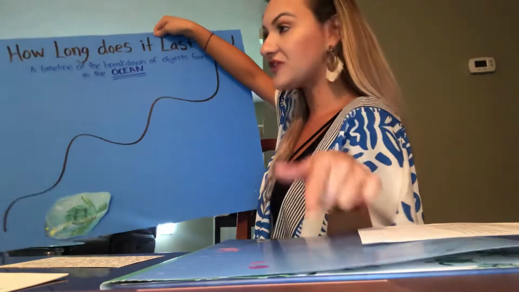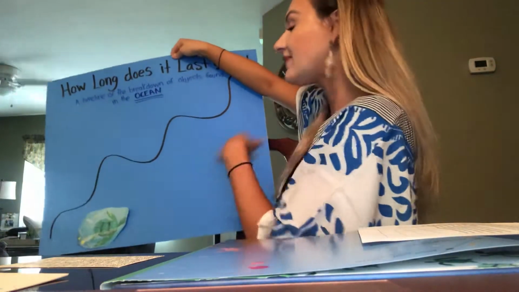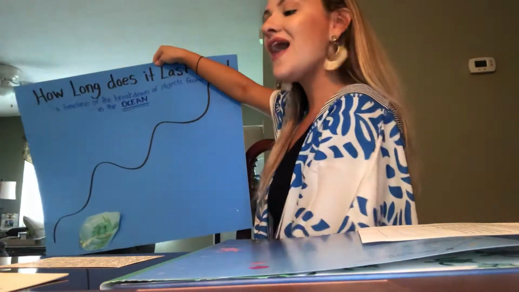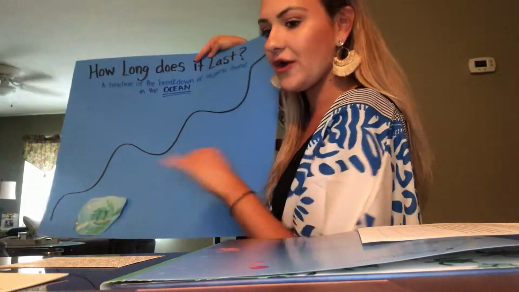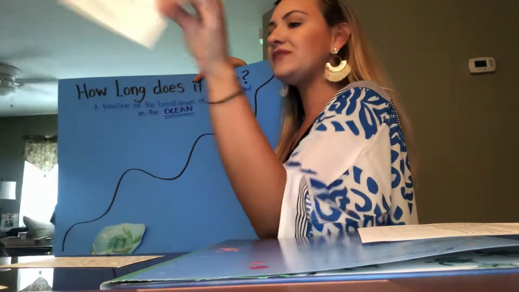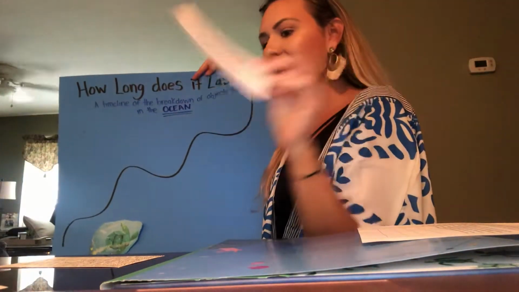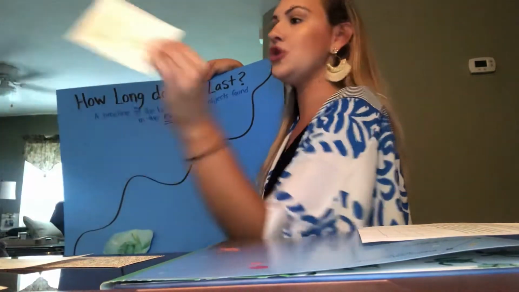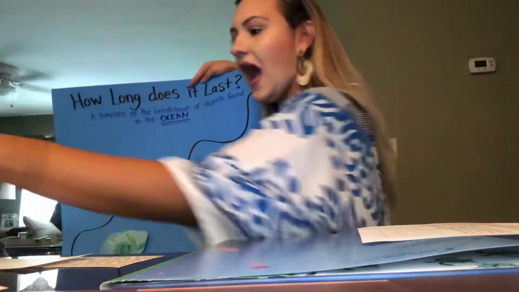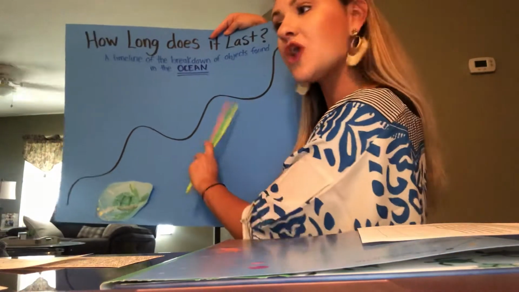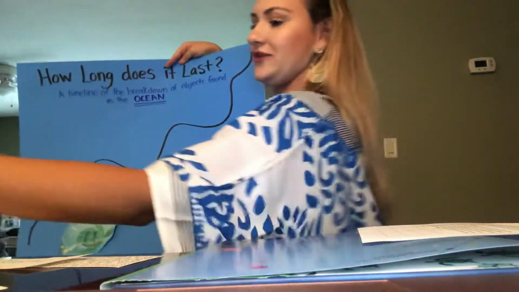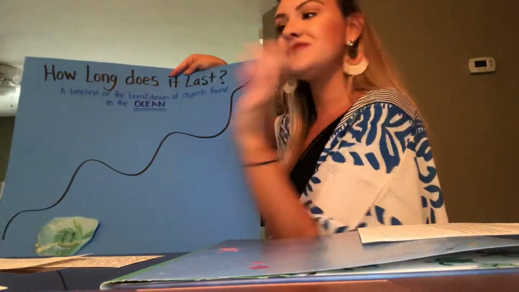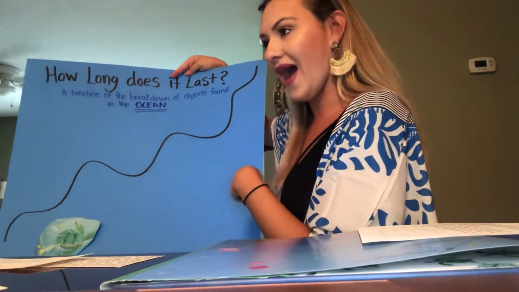And you're going to refer back to your book to make sure it's in the right place. Then you're going to have some of those objects right there in front of you. So here I have the plastic straw object card. And maybe that lasts for 200 years in the ocean. I'm going to use my glue and my tape to attach the plastic straws to the timeline in the correct area next to the card. So you're going to do that for every object that you have.